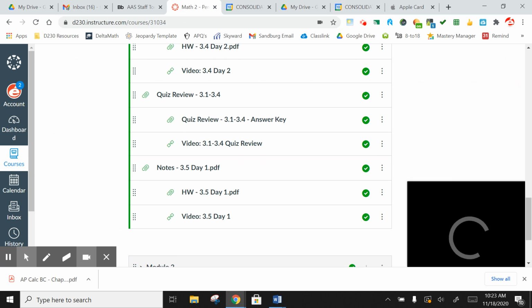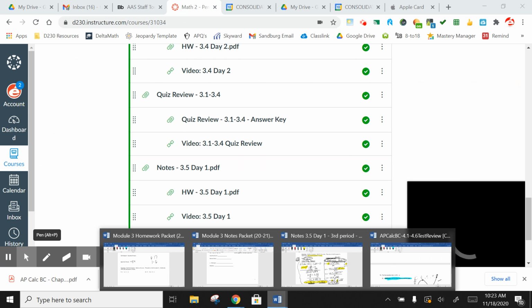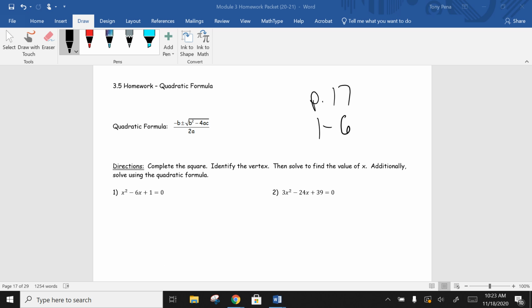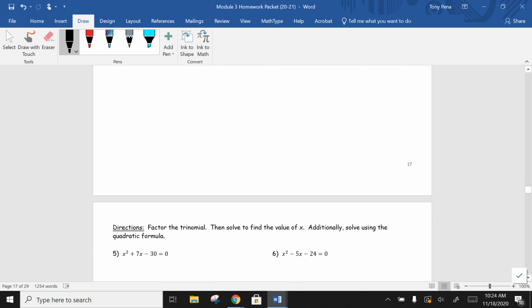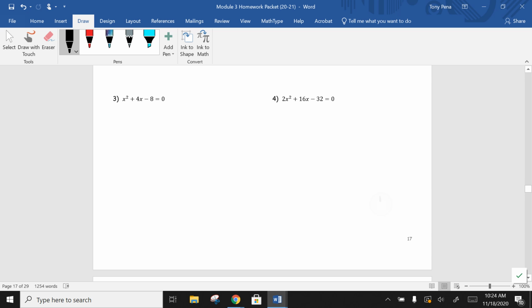So first, homework. Let me pull that up first. In your homework packet, so if you have the packet, you're doing page 17, and you're going to do 1 through 6. So it's just the 6 problems, doing that quadratic formula, going through these guys, making sure that we can do that.